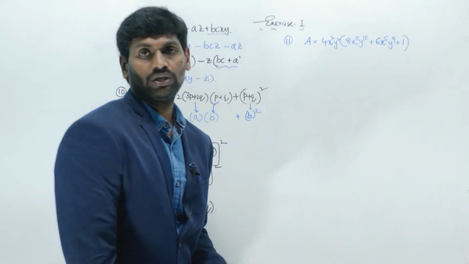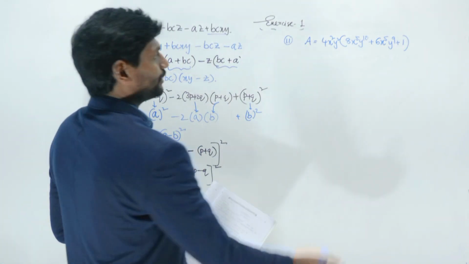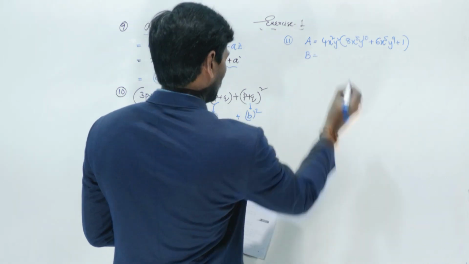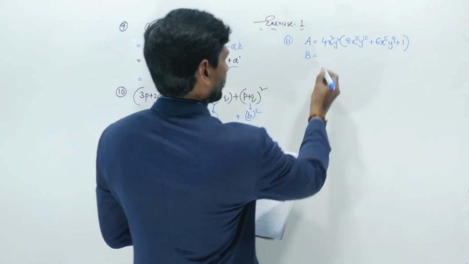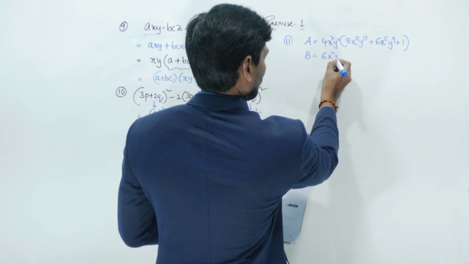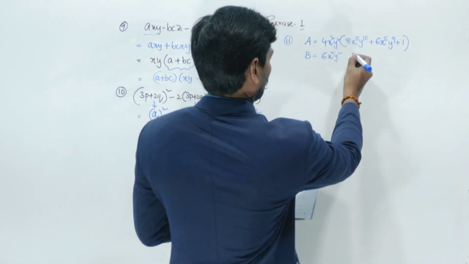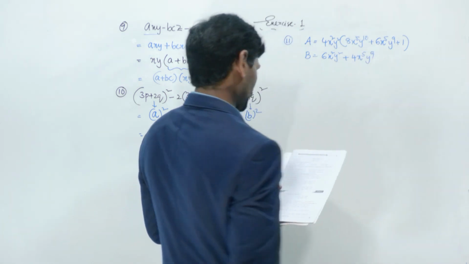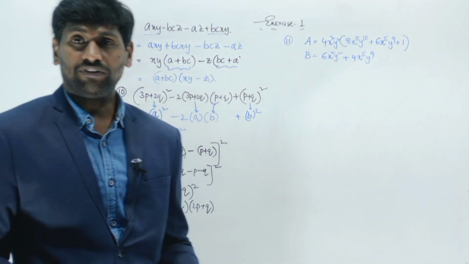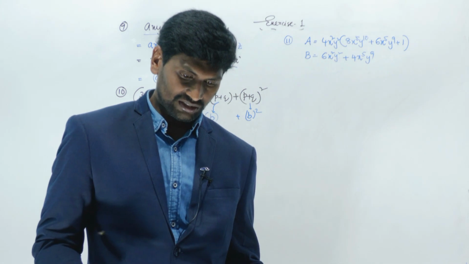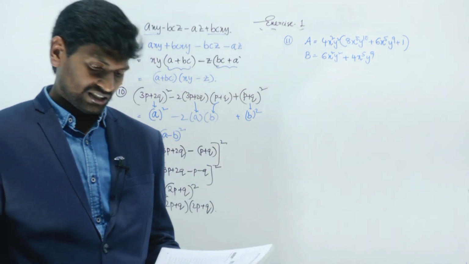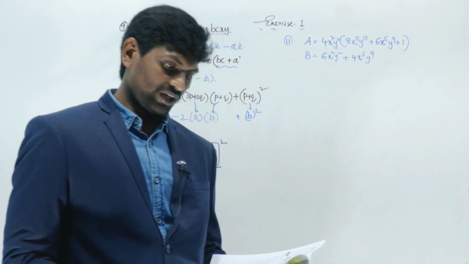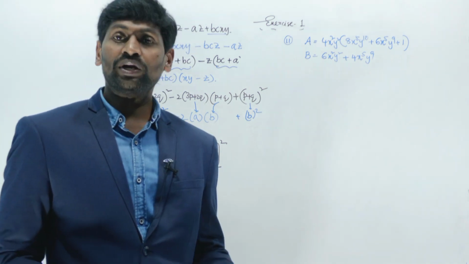So this is the value of A. Now let us write the value of B. B equals 6x square y square plus 4x power 5 y power 9.